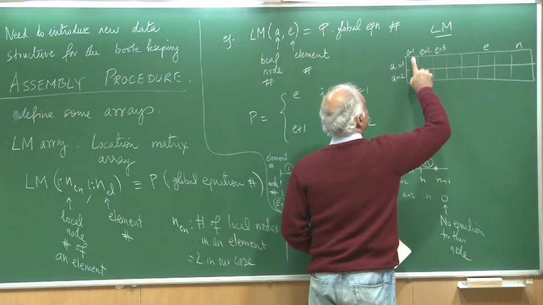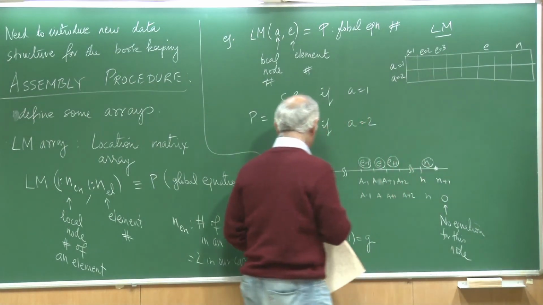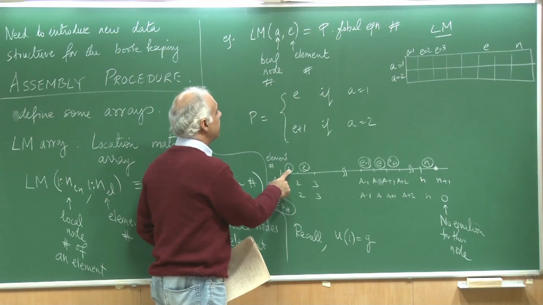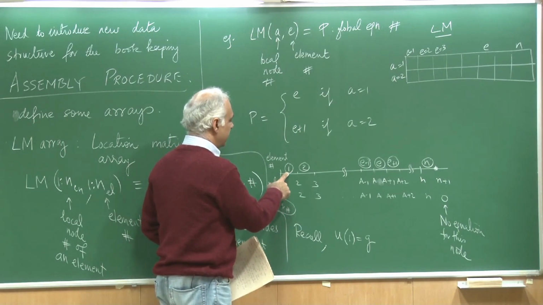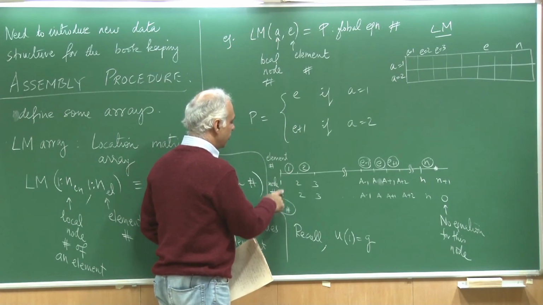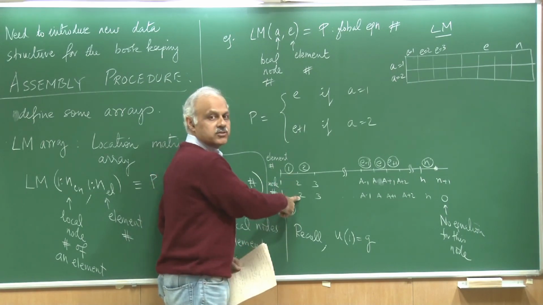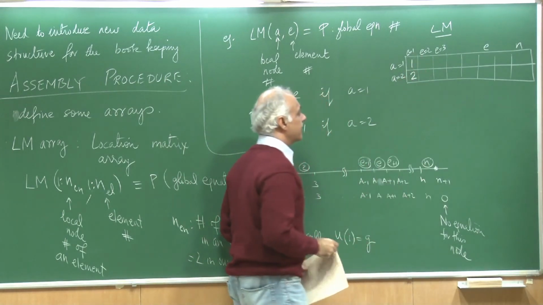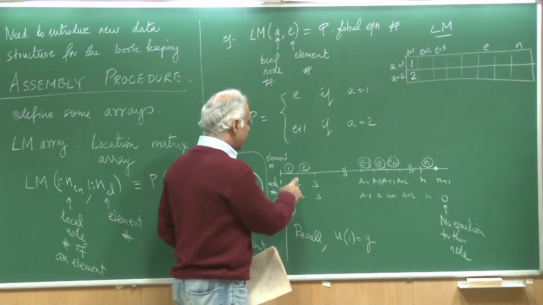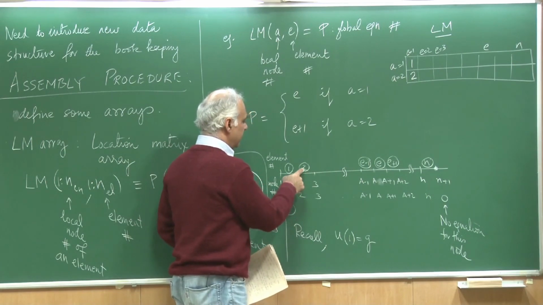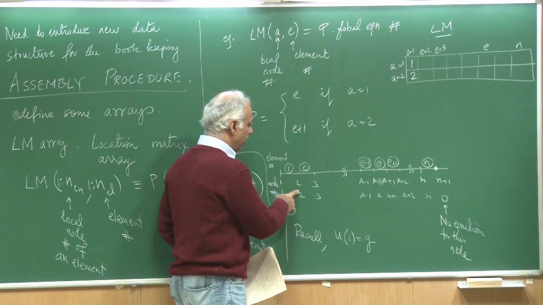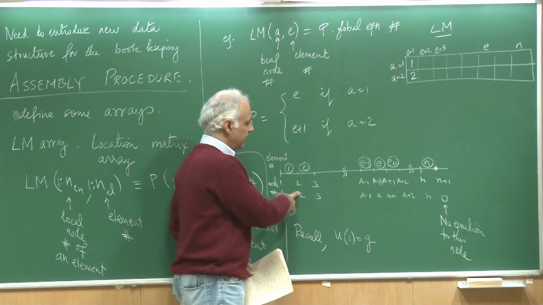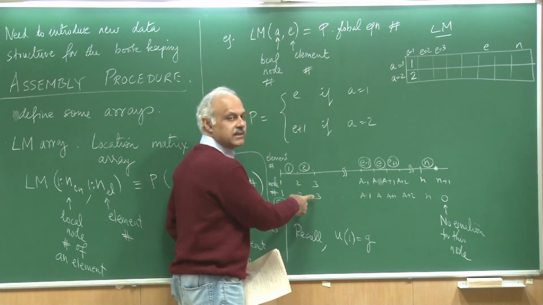So, the location matrix for the first element, as you can see, the first node belongs to equation 1, the second node belongs to equation 2. So, I would get these values here, 1, 2. For the second element, the first node of element number 2 belongs to equation number 2, and the second node belongs to equation number 3.